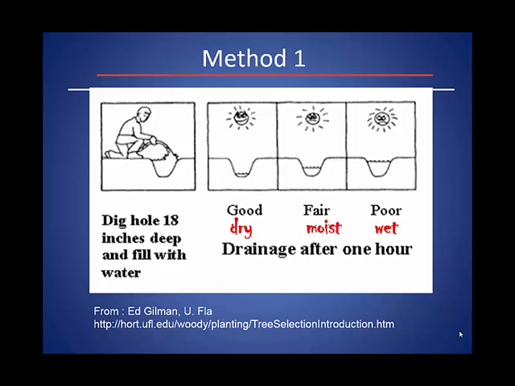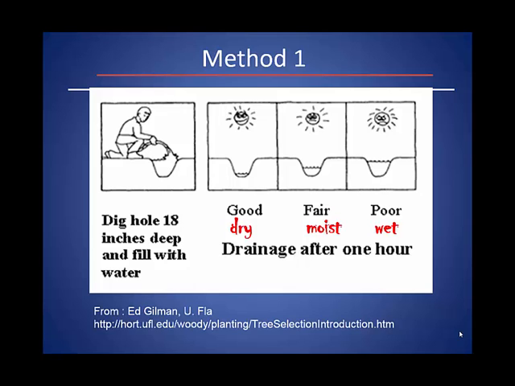You want to do it when you haven't had 7 inches of rain the day before, when you've had sort of normal precipitation. Fill it with water. If it is pretty much drained after an hour, you've got good drainage. If it's still mostly full after an hour, you've got poor drainage. Simple test, but it works.